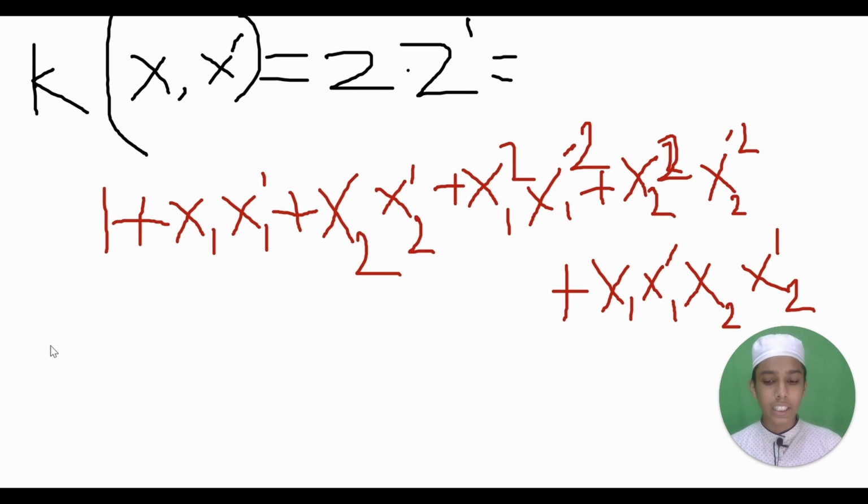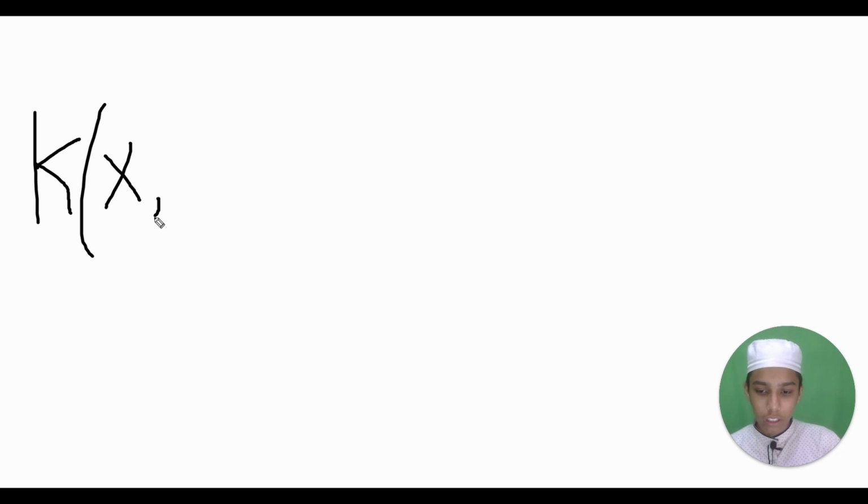I am going to clear all of these things first, and then write k in the brackets x comma x prime.